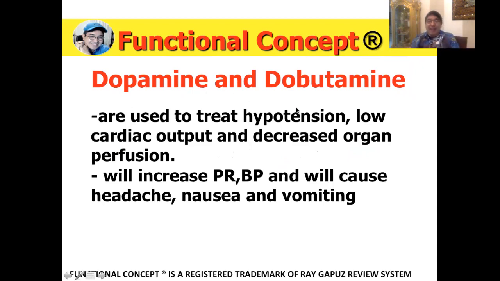If you are given an item which asks which of the following could be the effect produced by both dopamine and dobutamine, then you could say it will increase the pulse rate, the blood pressure, and cause headache, nausea, and vomiting. Dopamine and dobutamine can be used to treat which of the following conditions? You can answer low cardiac output and decreased organ perfusion.